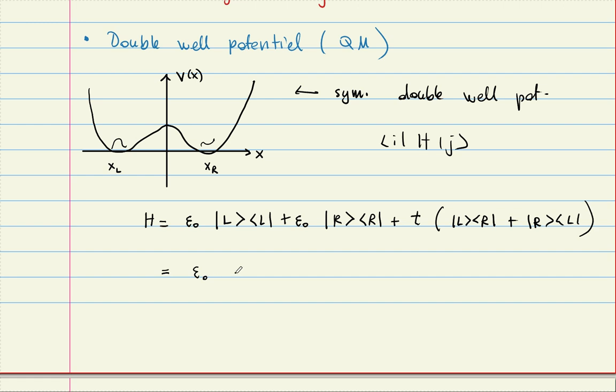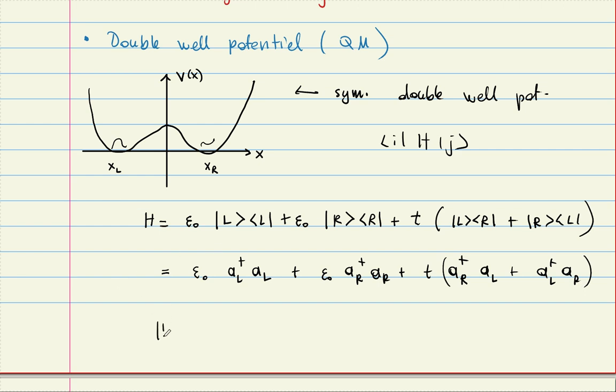So it can be something like epsilon naught, A left dagger, A left. This is exactly the harmonic oscillator you learn in quantum mechanics. And exactly the same thing, epsilon naught, A right dagger, A right. And there's also this T term, which is going to take something from left and put it to right, or take something from right and put it to left.